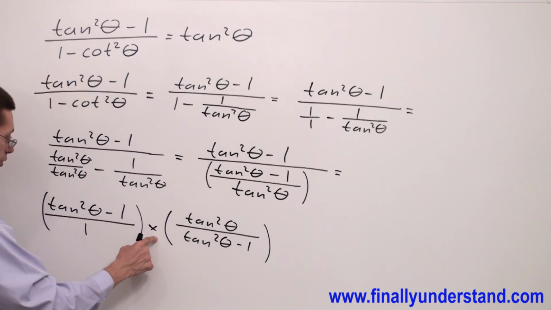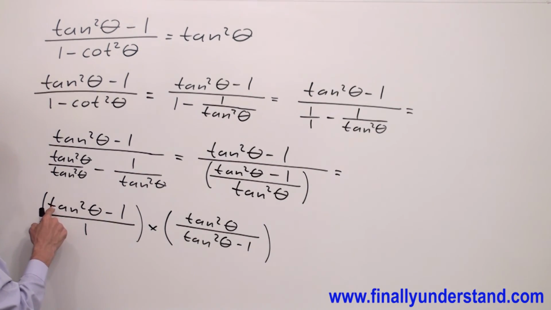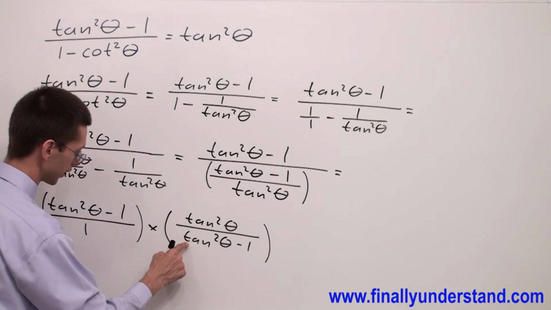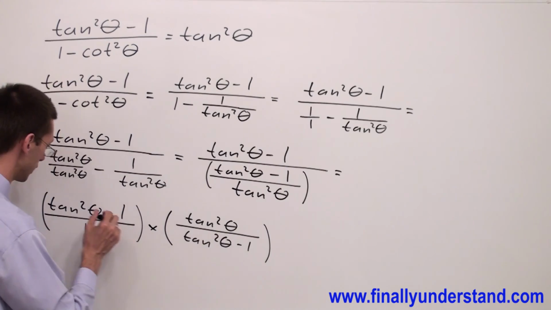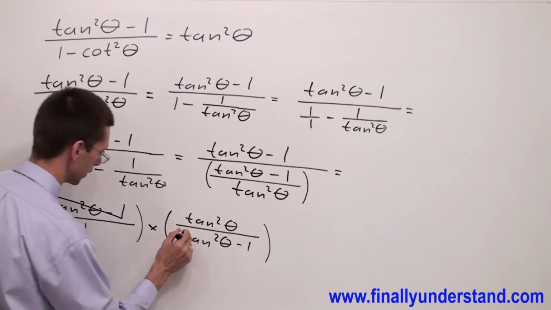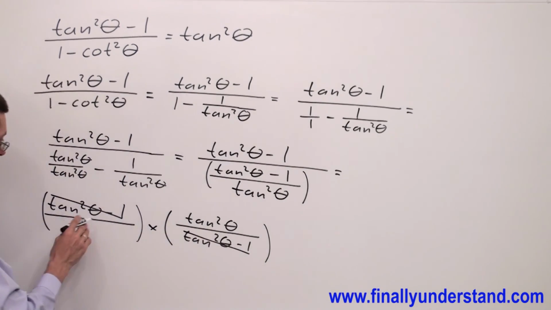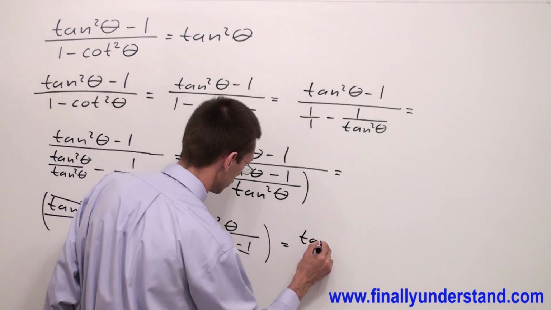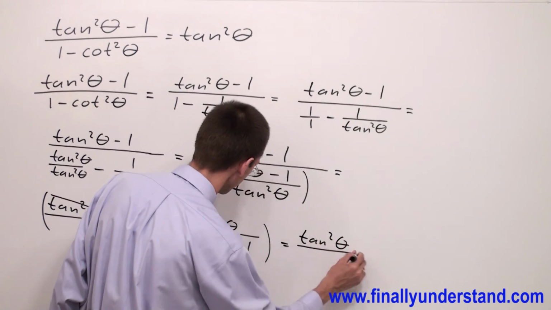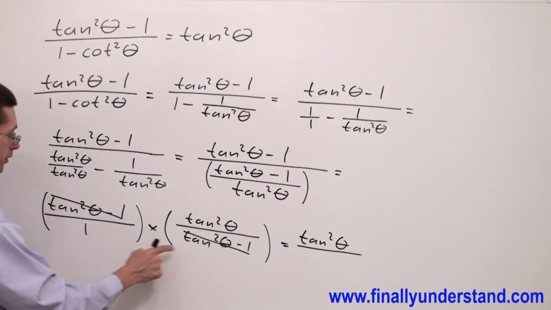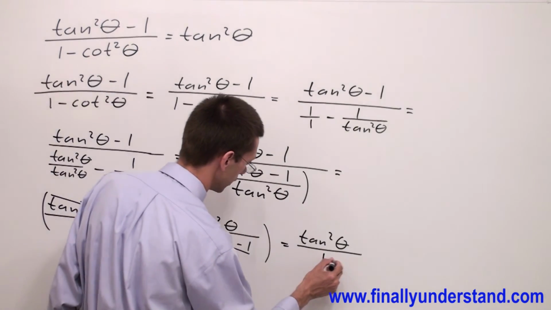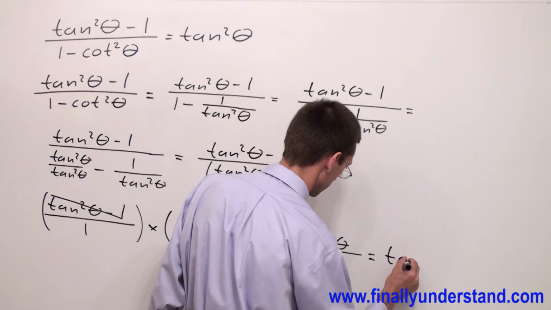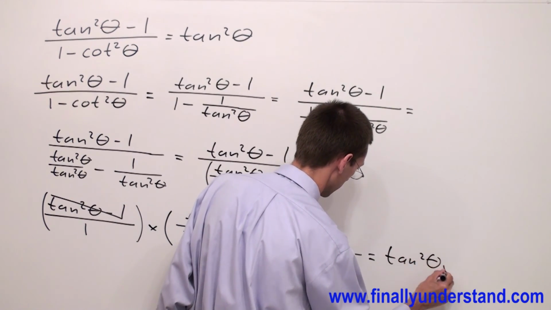We have multiplication, and we have in the numerator tangent square theta minus 1, and in the denominator of this fraction tangent square theta minus 1. That's why I can cancel them out and perform multiplication. It's going to be 1 times tangent square theta is tangent square theta over 1 times 1 gives me 1. Tangent square theta over 1 is tangent square theta.